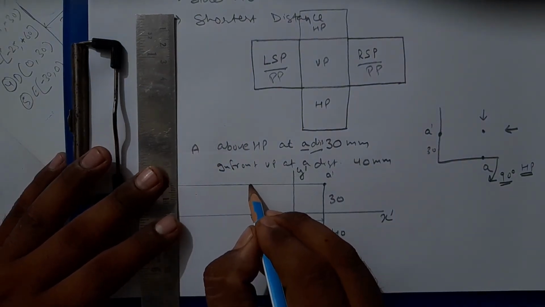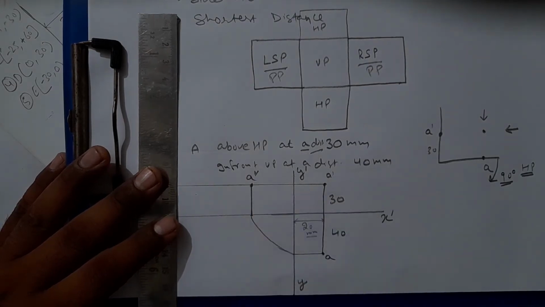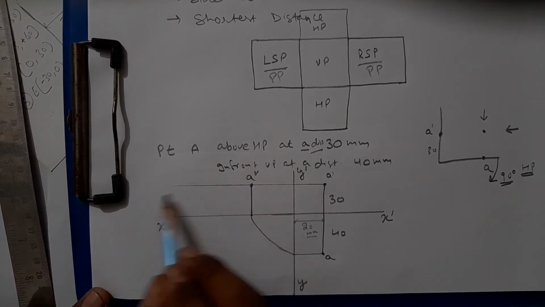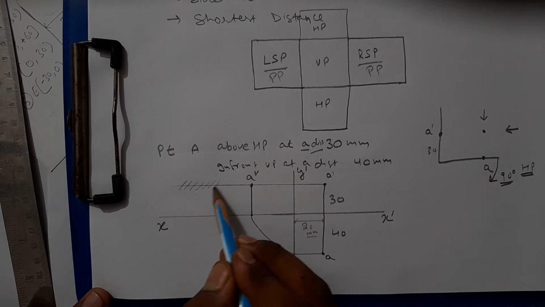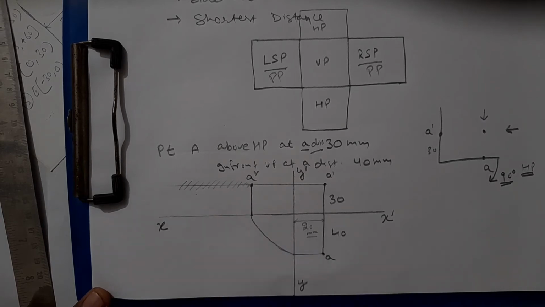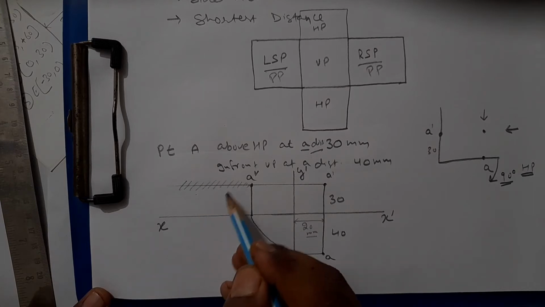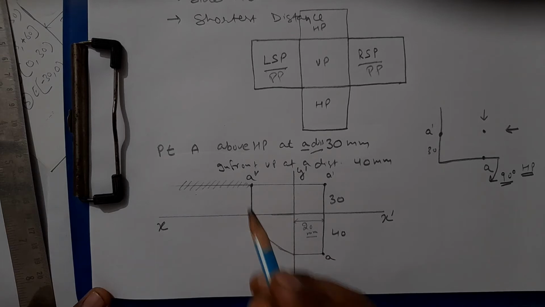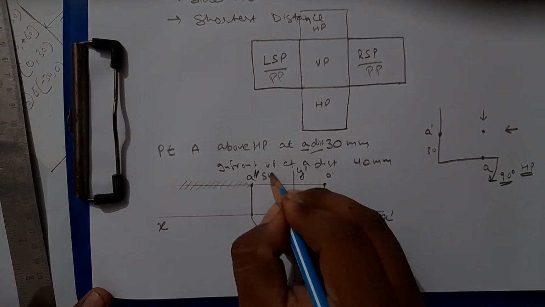The line joining these two points will be the side view A double dash. For solving the question, we are taking this line as it is, but in the final answer we will be erasing this. With the double dash, we will be showing the side view.